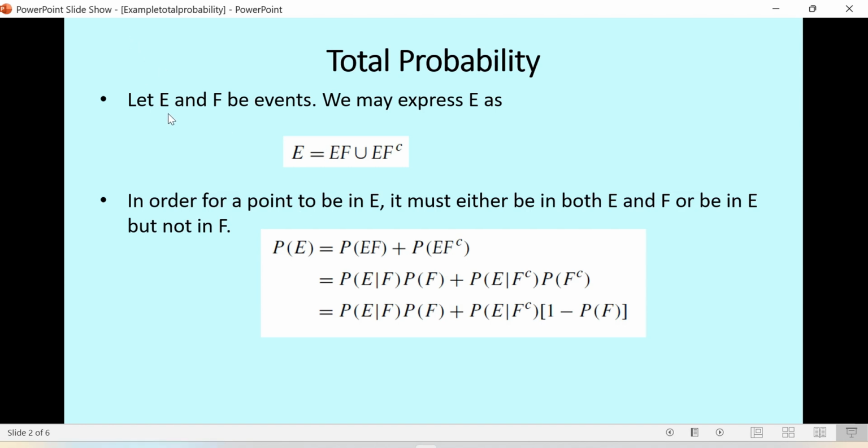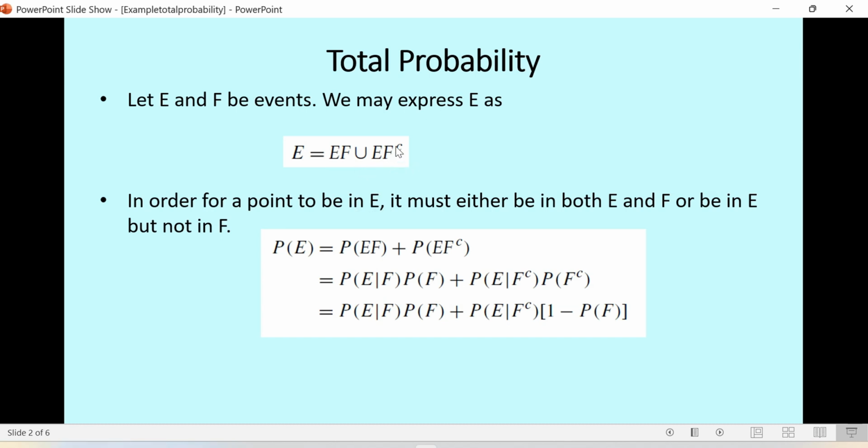If we let E and F be two events, and we want to know the probability of E but cannot directly know it, but we know the conditional probability or the information of E and F, when E and F both occur, or when E occurs but F does not occur.